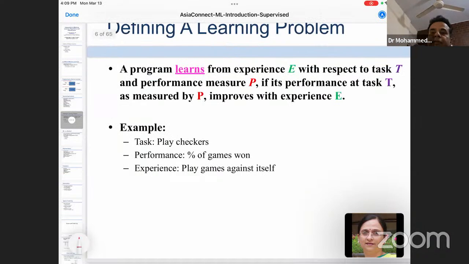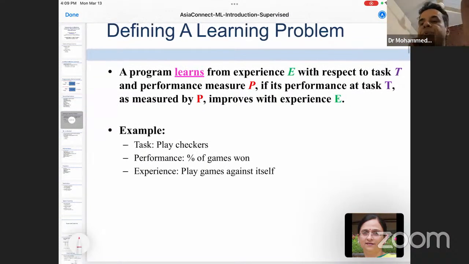So if we want to define machine learning formally, how can we define it? Basically, it is a program that learns from experience E with respect to task T, and performance measure P. The experience here is data, task T is your goal.